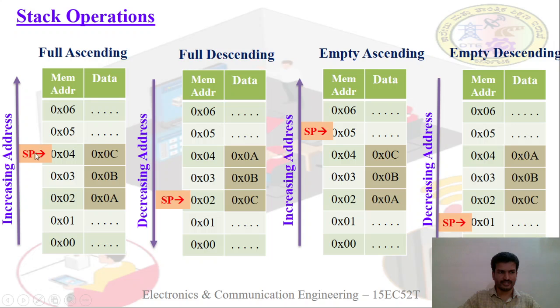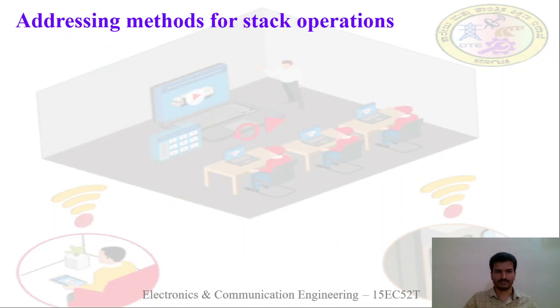Whereas in empty stack, it points to after the last item on the stack. So this is the last item, and now SP is pointing to the next memory location, that is the empty location. These are the important concepts you should understand before going to the stack instructions in ARM.